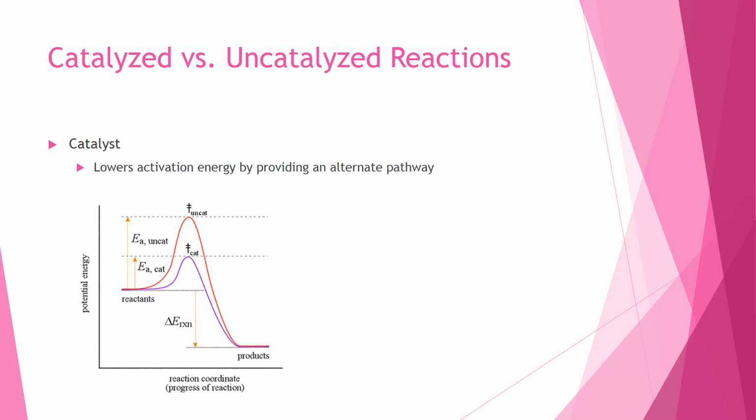Catalyzed versus uncatalyzed reaction. So again, a catalyst lowers activation energy, and it does this by providing an alternate pathway. There are different types of catalysts. There's homogeneous catalysts and heterogeneous catalysts. A homogeneous catalyst is where the catalyst and the substance that the catalyst is in are the same state of matter.